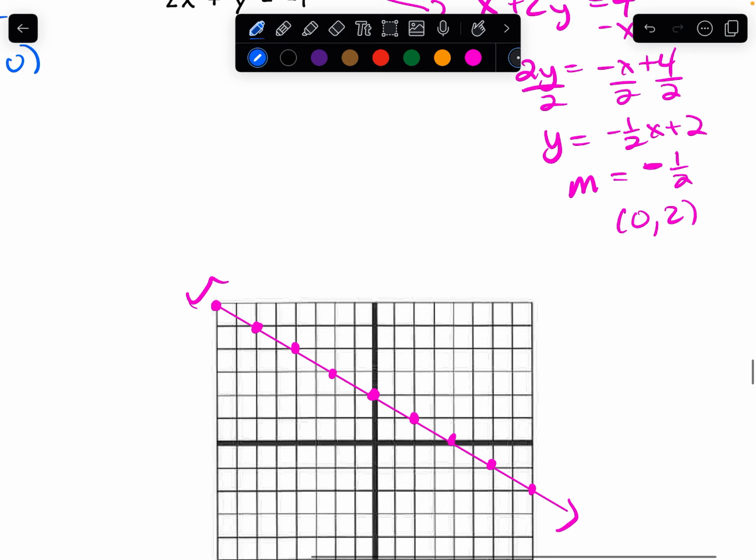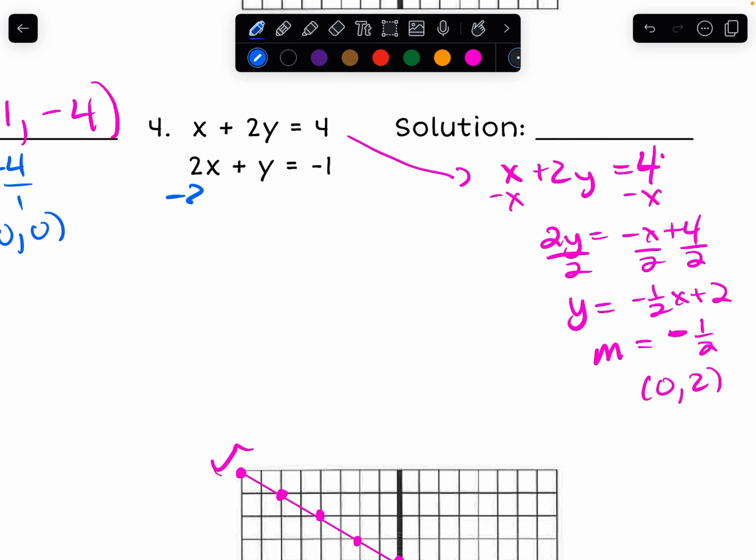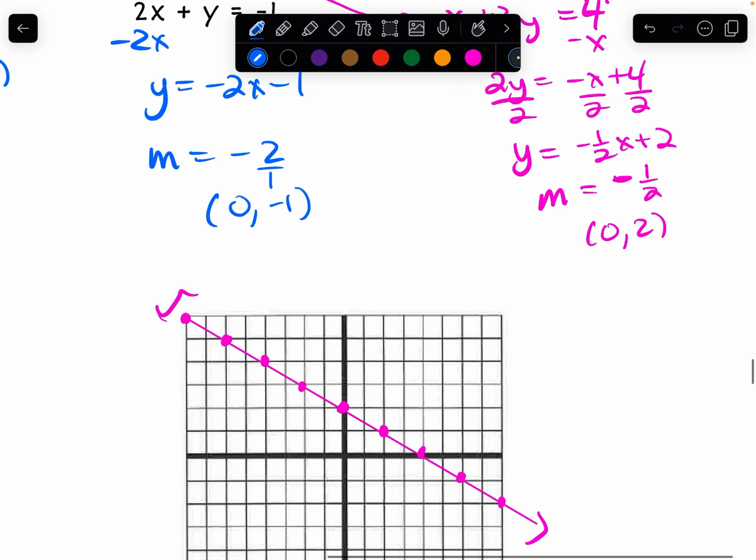Then I do my other equation. I subtract 2x from both sides. I get y equals -2x minus 1. My slope on this one is -2. My y-intercept is 0, -1. Remember, that's over 1. So I go down 2 over 1.